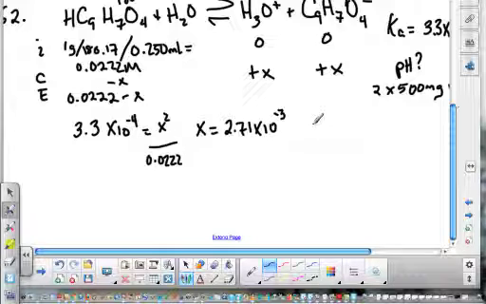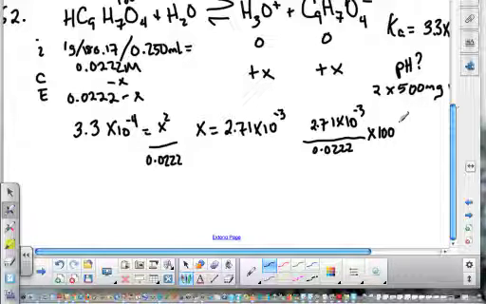So 2.71 times 10 to the minus 3 divided by the initial concentration, 0.0222, times 100. If this is less than 5%, you can make the approximation. If it's greater than 5%, you cannot. When you do that, it is equal to 12.2%. We cannot make the approximation here.